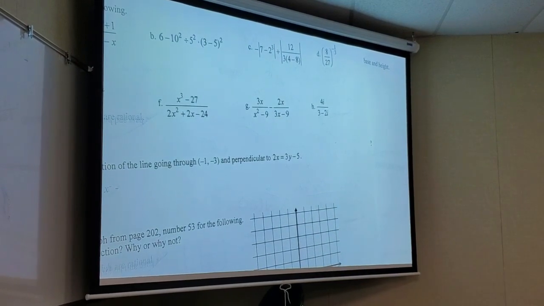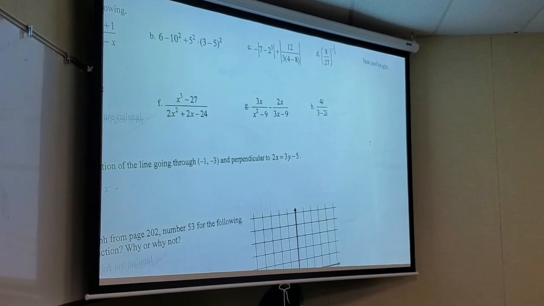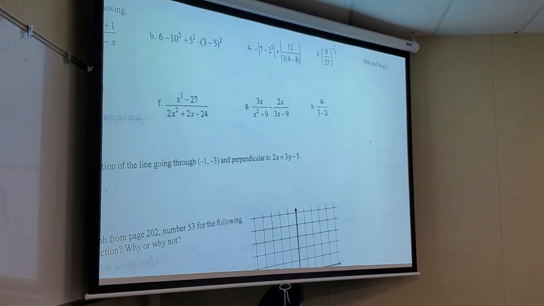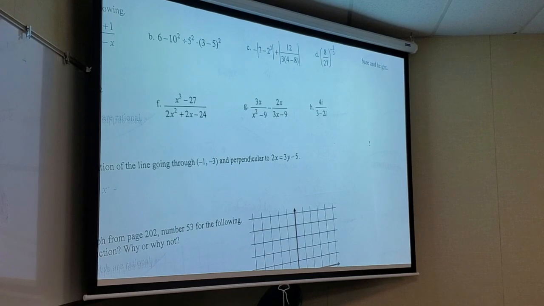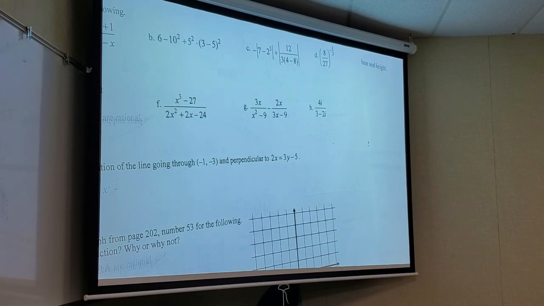Is 2 sevenths minus 1 seventh equal to 1? Is that true? No, of course not. 2 sevenths minus 1 seventh should be very small, right? It can't be 1.